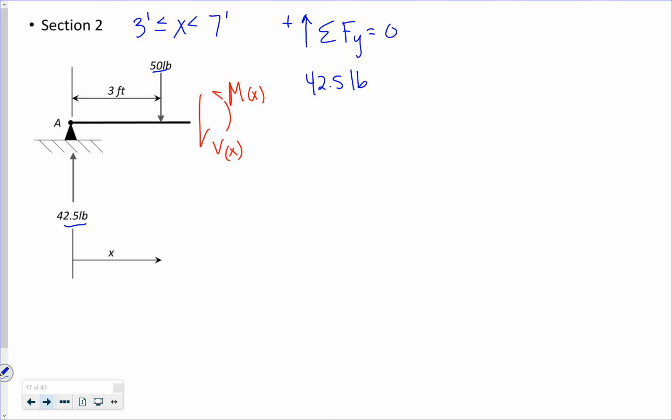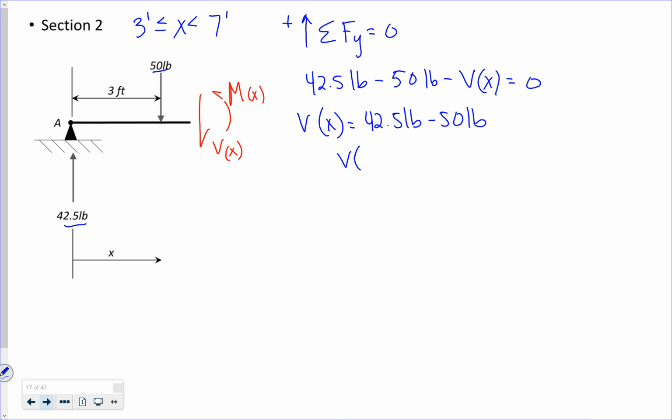Then I have my 50 pounds acting down, and my shear acting down. Solve for shear. My shear function is negative 7.5 pounds.